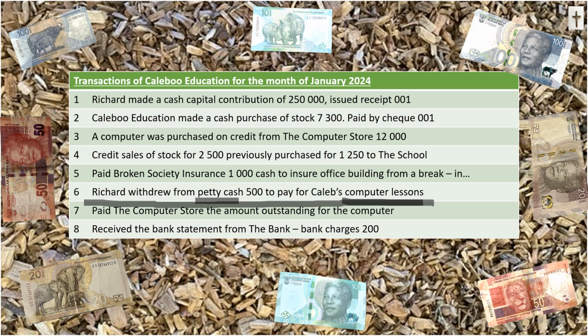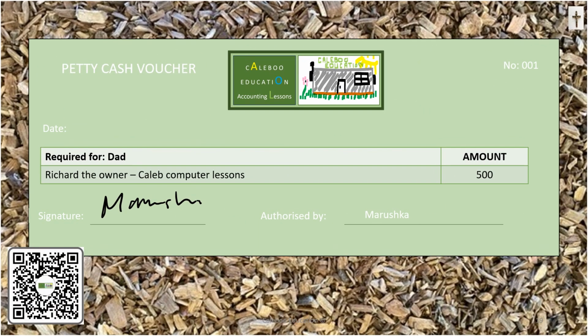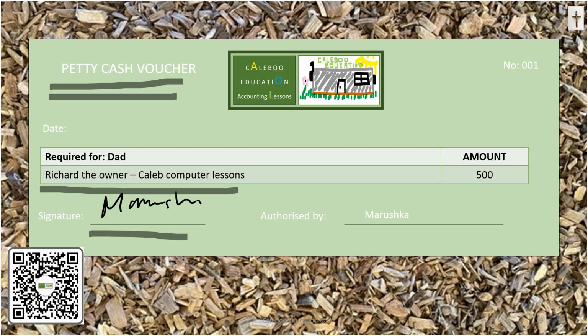So let's have a look how we record this, what document it is recorded on. The bookkeeper or someone who's in charge of the petty cash, Marushka, my wife, fills in a petty cash voucher. Reason for the 500 being withdrawn by the owner, he quickly needs to pay for the computer lessons.